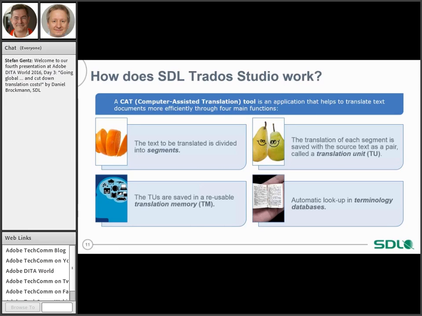And this is obviously very interesting in the DITA context, for example. You want to have as much reusable content as possible in the source language, and this is what DITA looks after. But then in translation, you will really want to make sure that you reuse the translations with the same efficiency that you have in the source language, and this is where the translation memory really comes in.